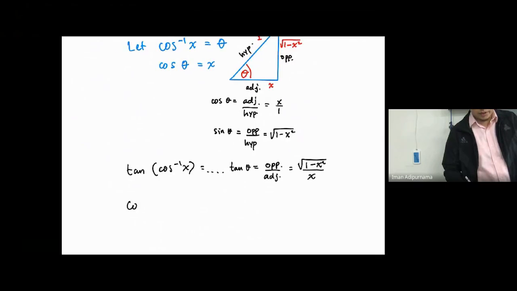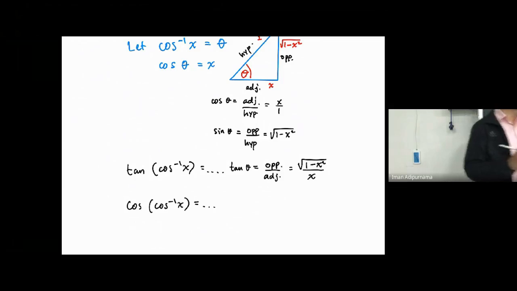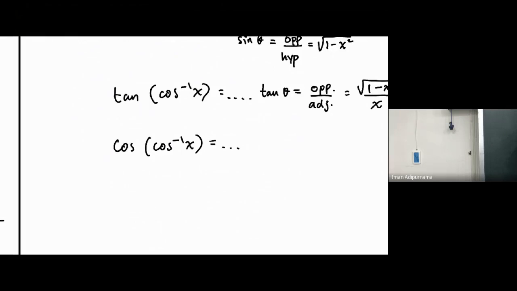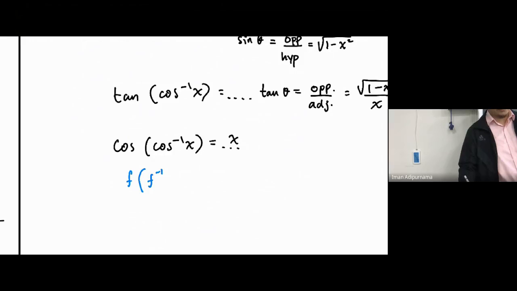What will happen if I have cosine cos inverse x? Cosine cos inverse. Yes, x. To remind you of the property of inverse, if you have f of f inverse x, this will be x.